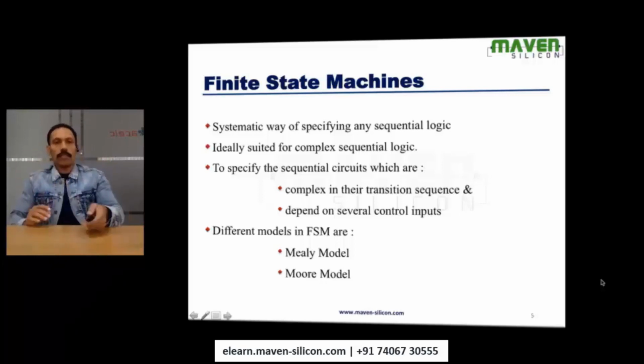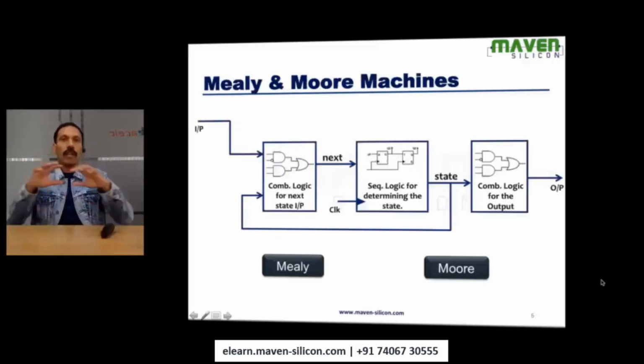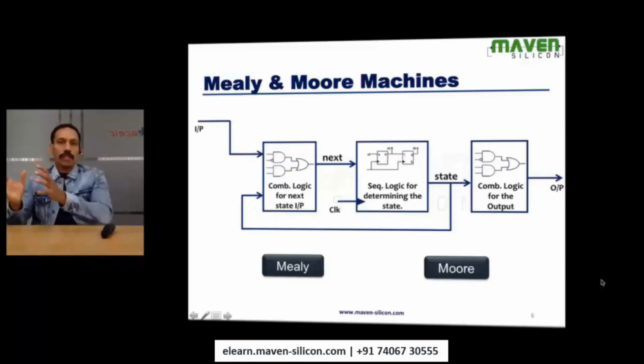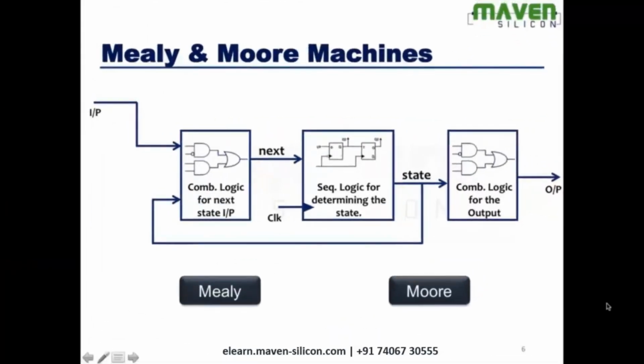Now let's look at the difference. Before analyzing the difference between Mealy and Moore, I want you to understand the concept of finite state machine. You take any FSM, there will be three major blocks. The first one is combinational logic. It's called next state decoder logic. It produces the next state. Whatever state it produces, it will be stored in sequential logic.